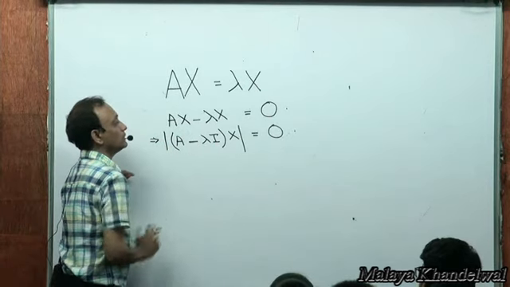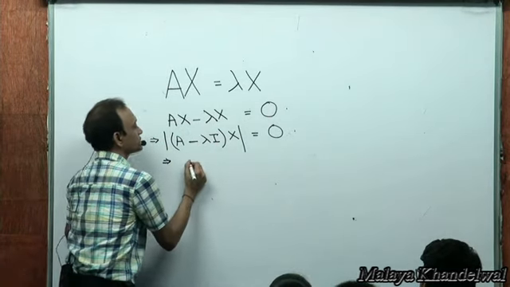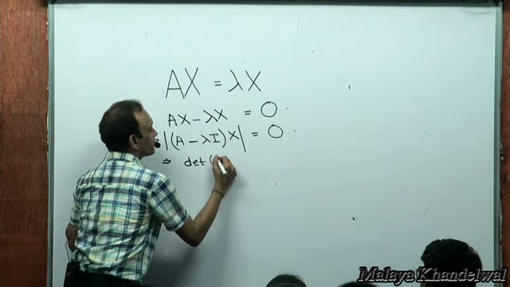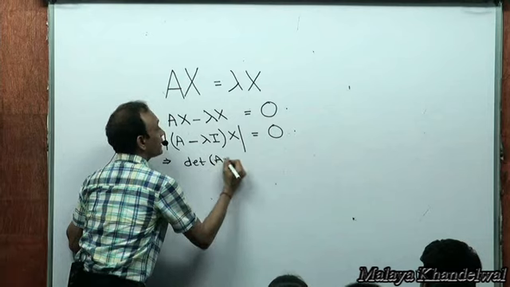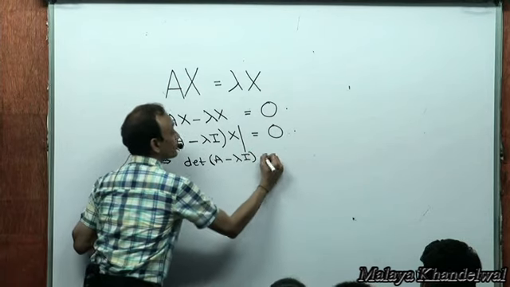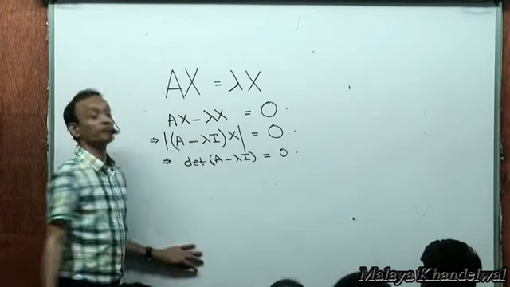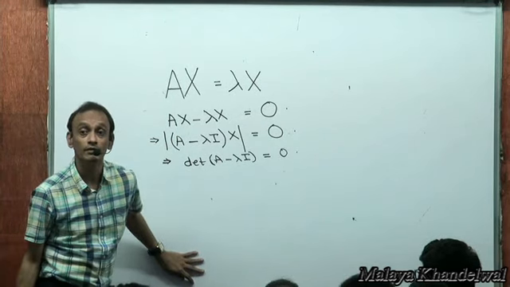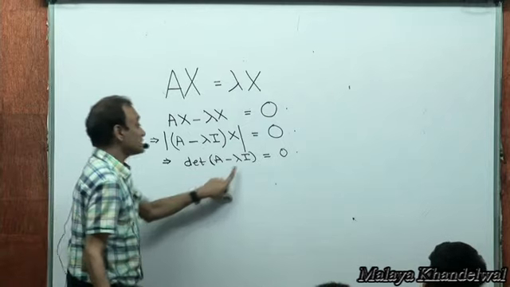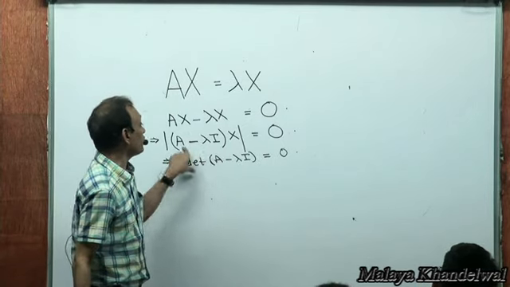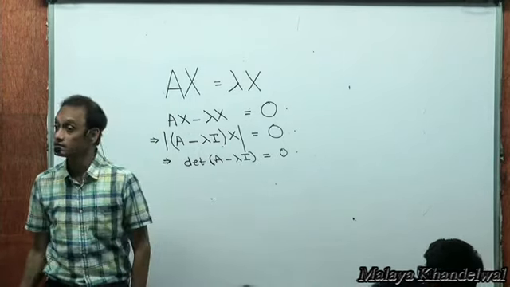Now, which clearly means that the determinant of A minus lambda I would be 0 for some values of lambda. For some values of lambda, the determinant of A minus lambda I must be 0.